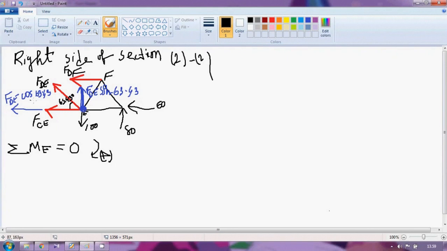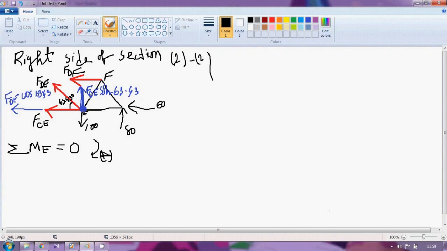And FDE cos 63.43 will be 0, FDE sin 63.43 will also be 0. So only one force will give me moment, the member force FDF, which will not be 0. Correct? Then I can find out the member force FDF. What will happen?